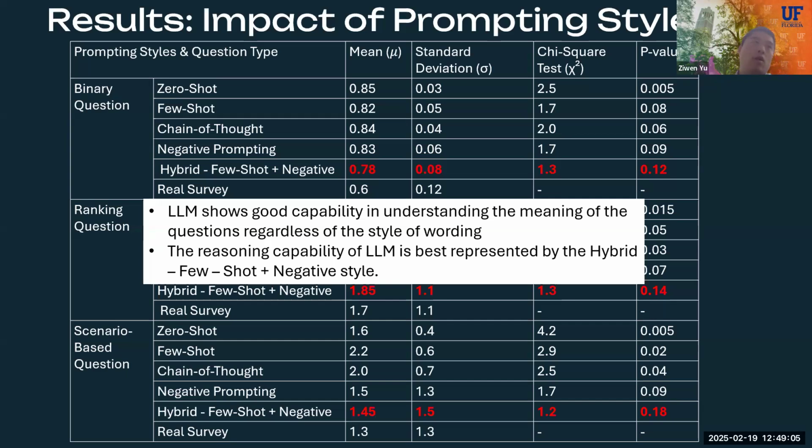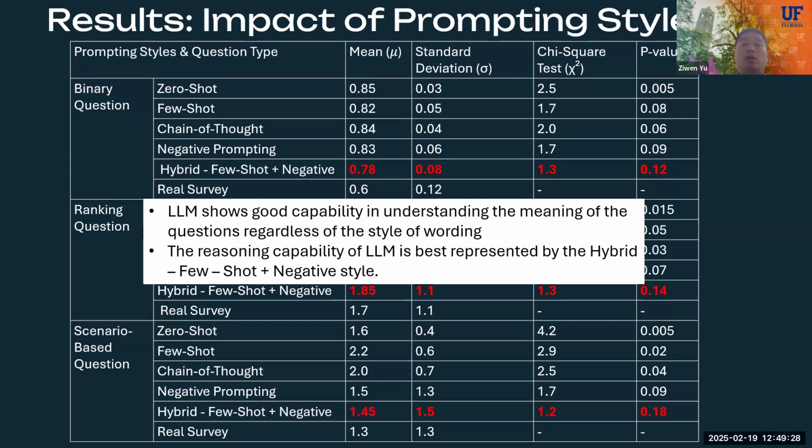Some insights that we get from these results: although not shown in the result here, we can see that the LLM can understand the logic or the meaning of the questions very well, regardless of the wording style. We put the question in different ways, and we also ask the LLM to provide why it gave this answer.